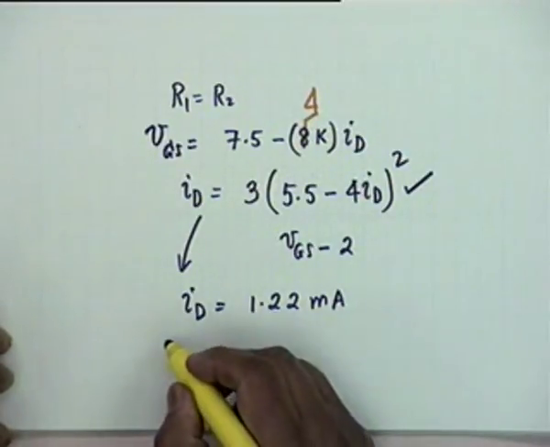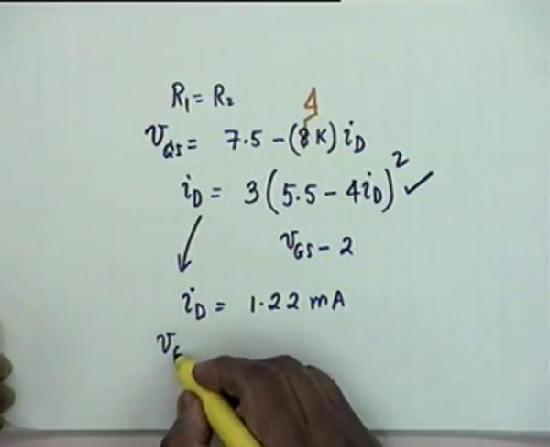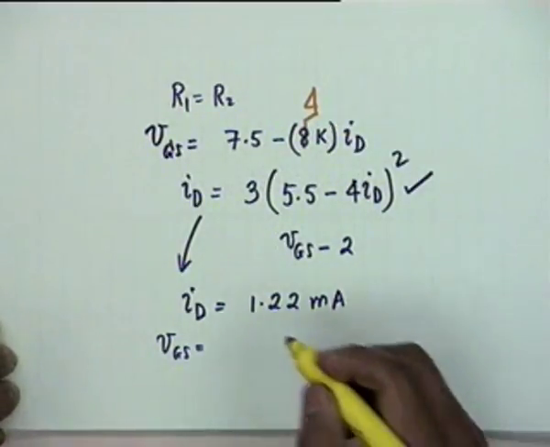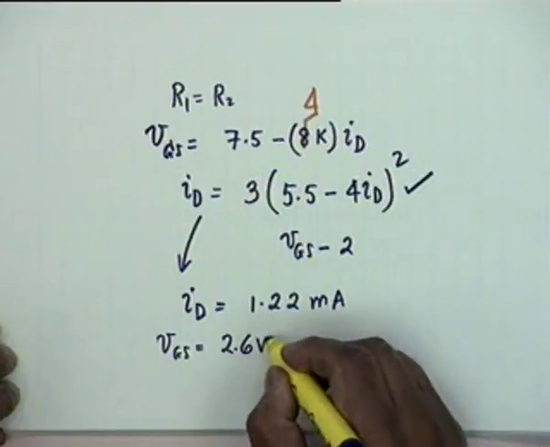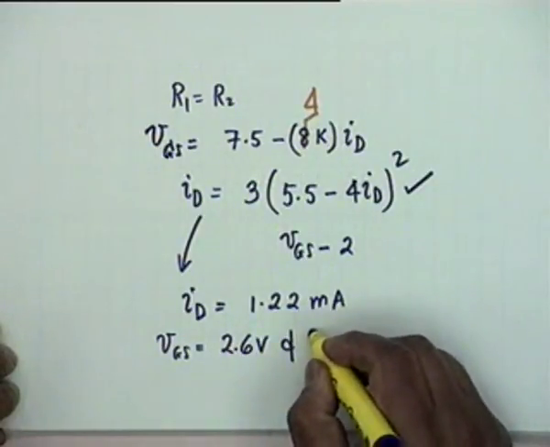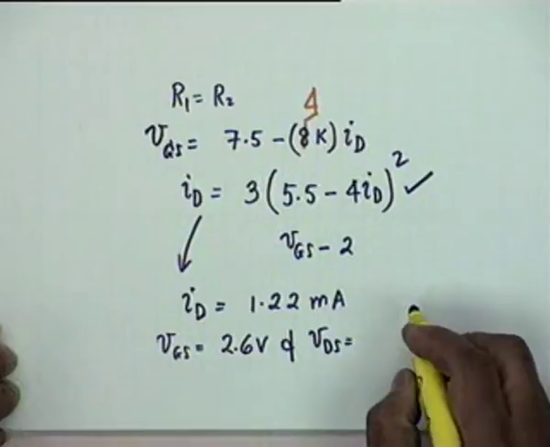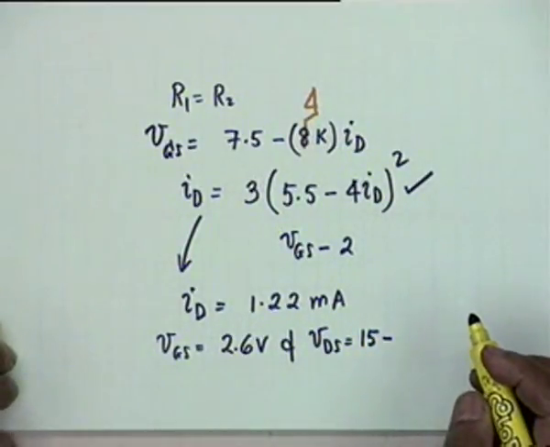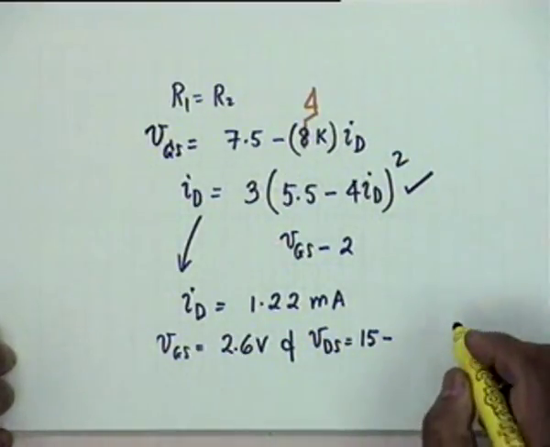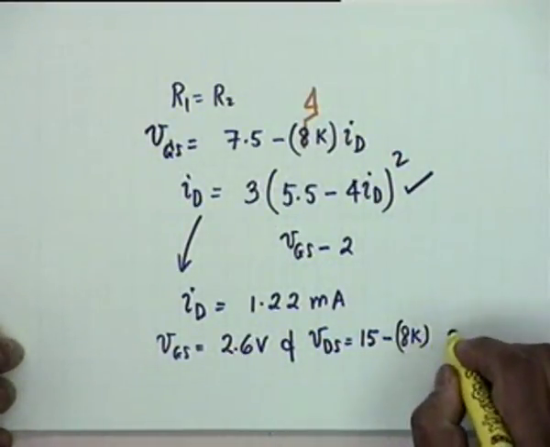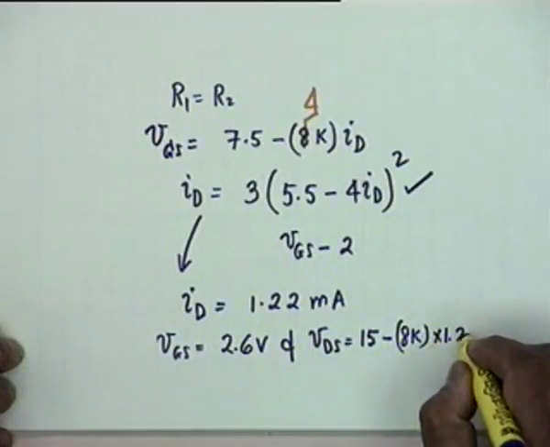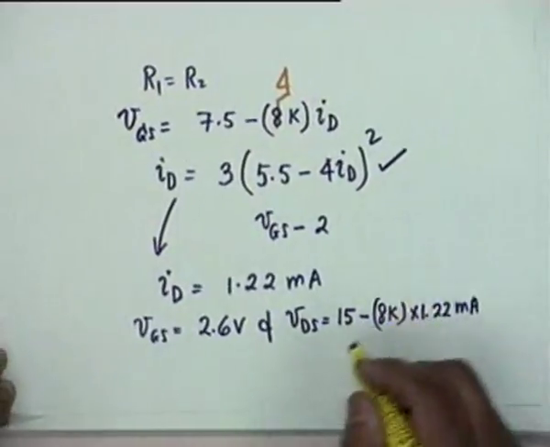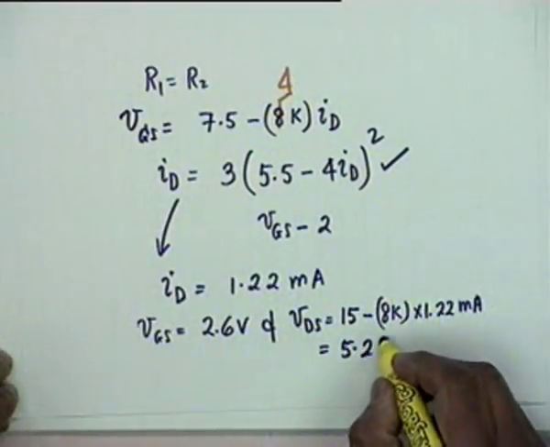And if ID is this, then obviously VGS, substituting this ID here, comes as 2.6 volt, and VDS, which is now 15 minus 8k multiplied by 1.22 milliamps, comes out as 5.24 volt.